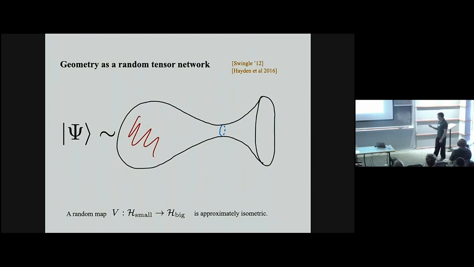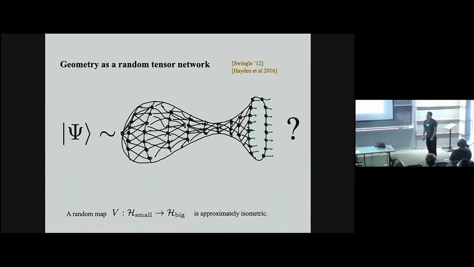The quantum information theoretic properties of this state are in many ways very similar to what you get if you discretize the spatial slice and replace it with a random tensor network. So in this case, I've discretized it and plopped down a bunch of tensors. These black dots are the tensors, and they're being multiplied together by the contractions indicated by the lines. And the geometry of the tensor network is the same as the geometry of the initial spatial slice.